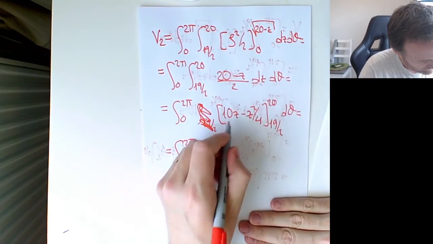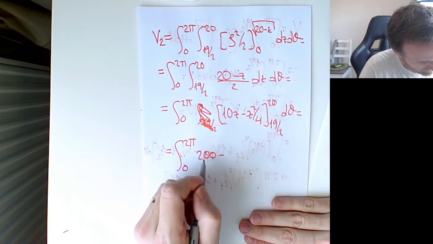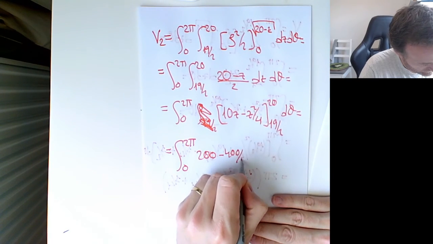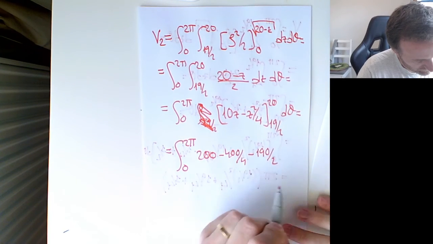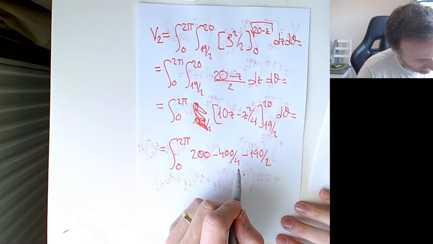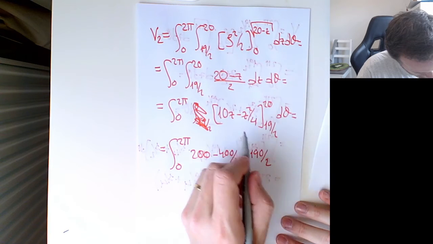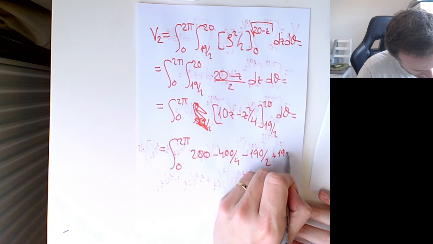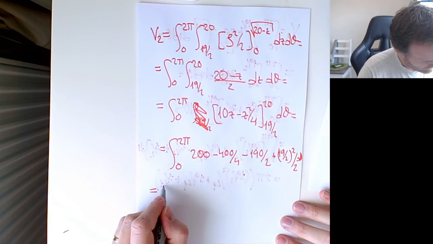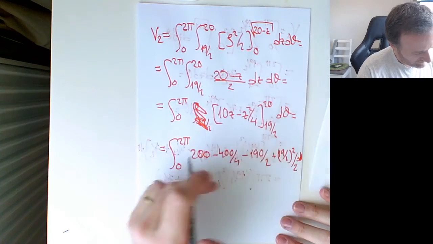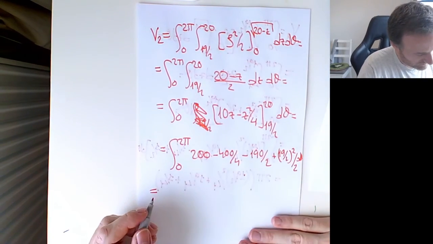So what we get is the integral from 0 to 2 pi of 200 minus 100 minus this plus this, d theta, and because this is constant, the integral of all this with respect to theta is 2 pi times this.